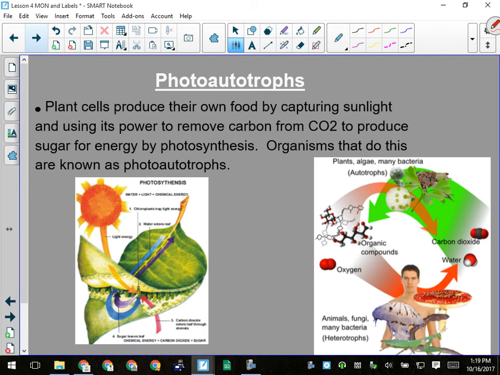Okay, plants are what we call photoautotrophs. So light, self-feeder, is what photoautotroph means. They can use light to make their own food.